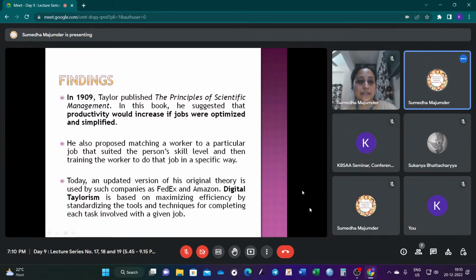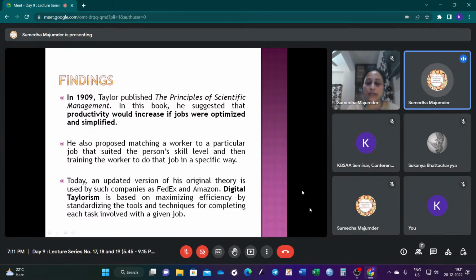In this book, he suggested that productivity would increase if jobs were optimized and simplified. I have mentioned several times that optimum use of resources is the basic objective of management. Profit making is the objective of the business, but from the viewpoint of management, we always try to use resources at the optimum level.